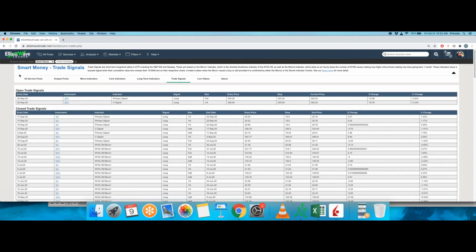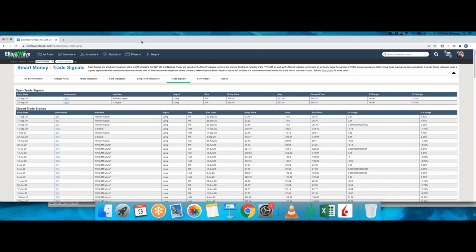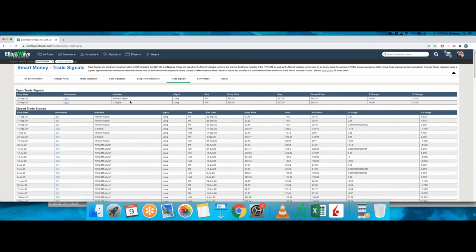Okay, so that's that. Coming to what we have here right now: for the new members, what I would suggest is to just follow what we have on this page, that is the trading signals. Don't worry too much about the core indicators and all of the different indicators that we have for now.